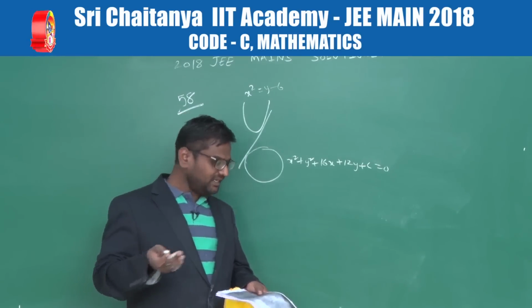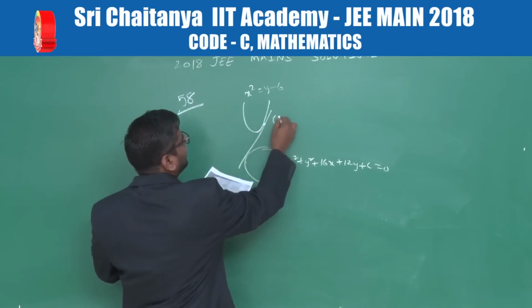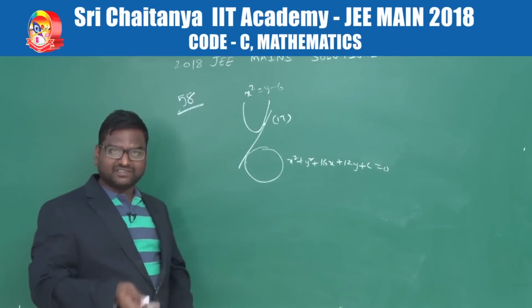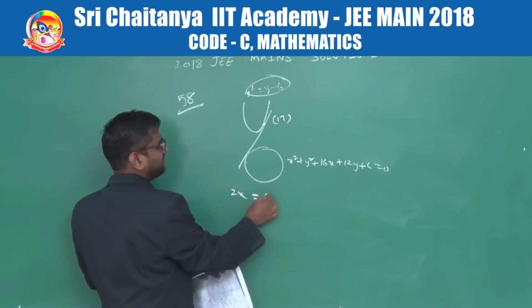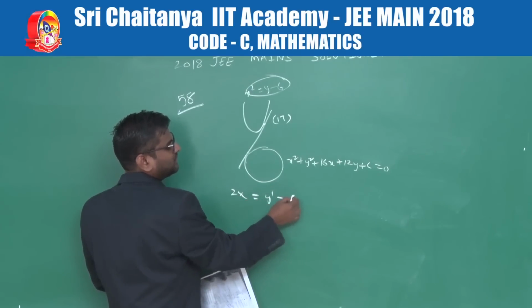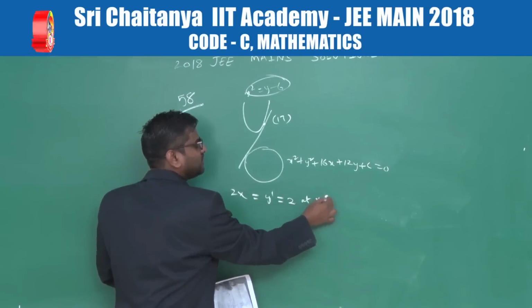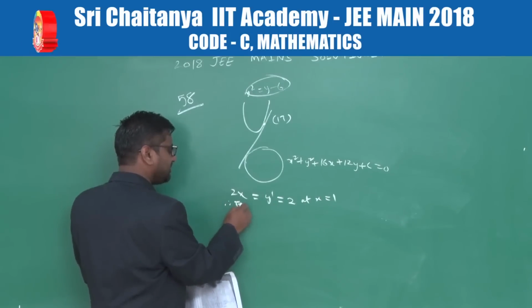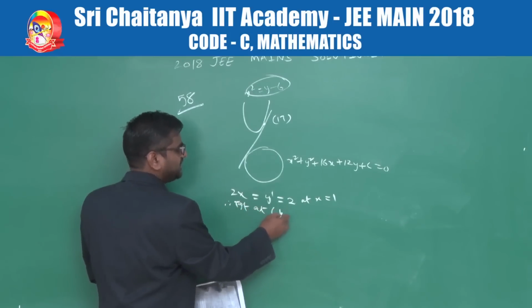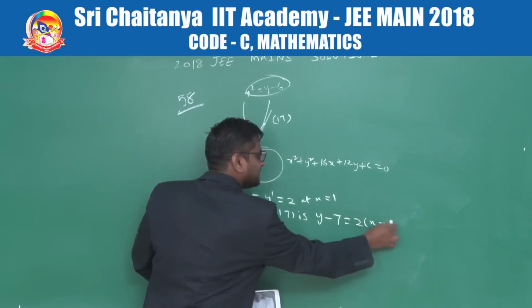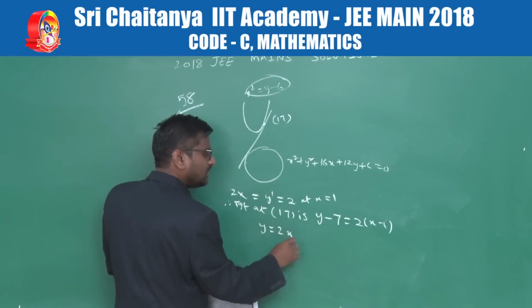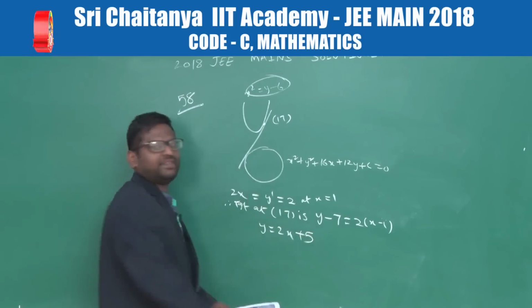If not, no need to worry. The point of contact has been given as (1, 7). We differentiate: 2x = y dash, which is 2 at x equal to 1. Therefore the tangent at (1, 7) is y - 7 = 2(x - 1), or y = 2x + 5.